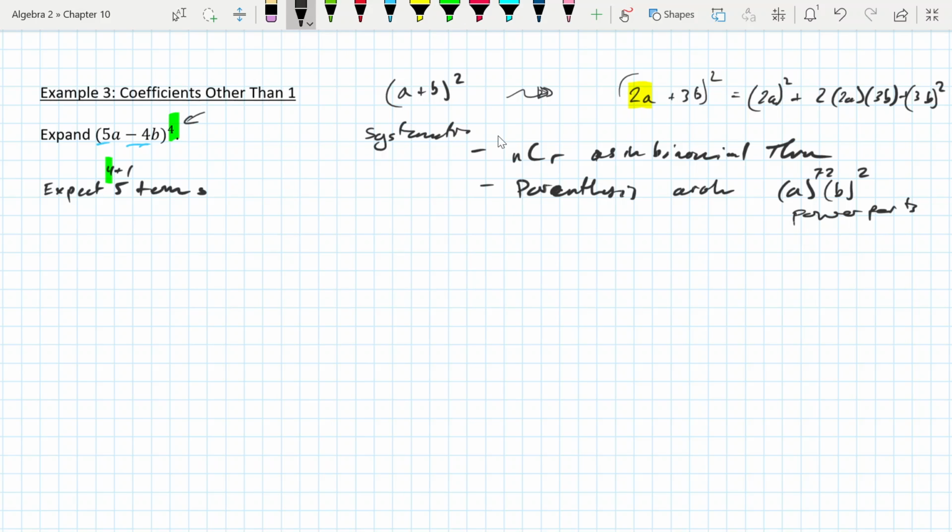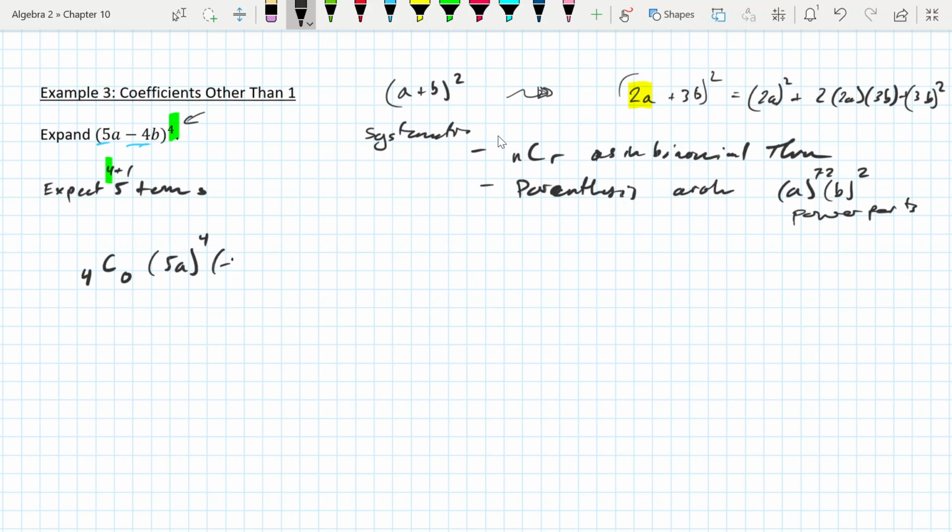Okay, so 4 choose 0. That's going to be our very first term. I know it's 1. All right, the a part is 5a, and it should have an exponent of 4.